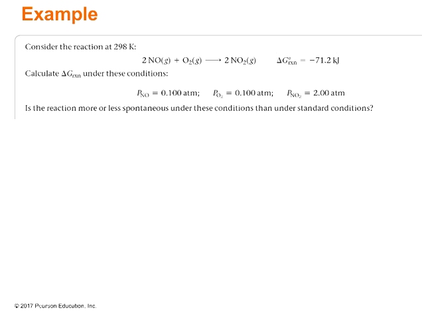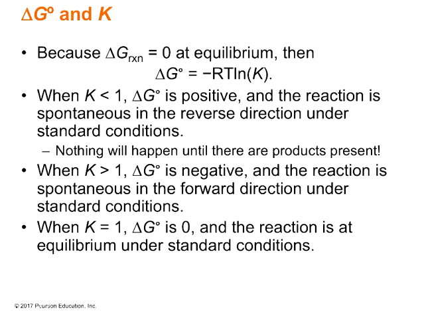All right, so one last thing before we do our worksheet problem 10. Remember that delta G at equilibrium is equal to 0. So that's what we said earlier.